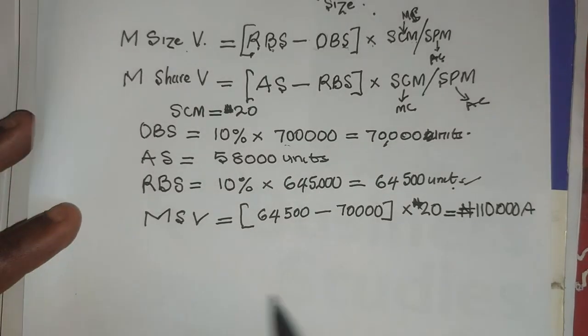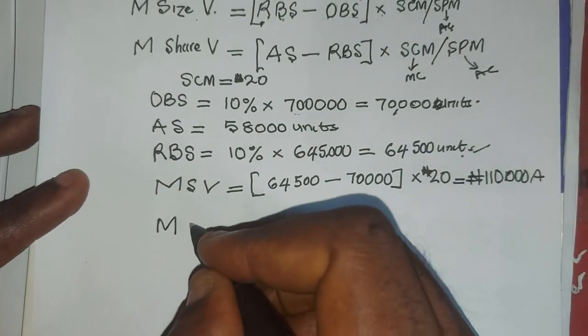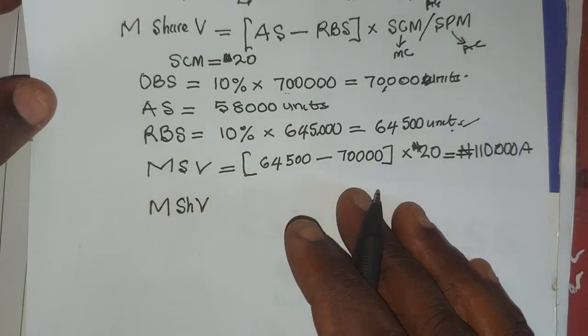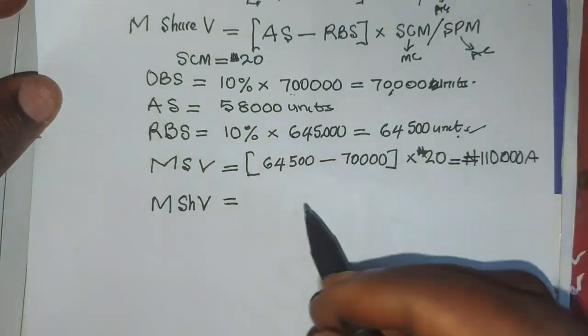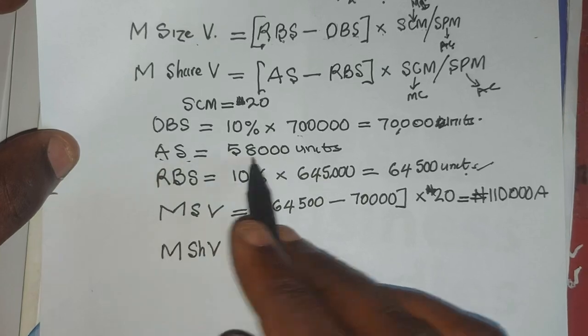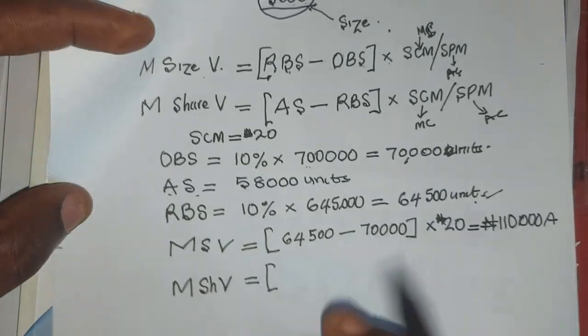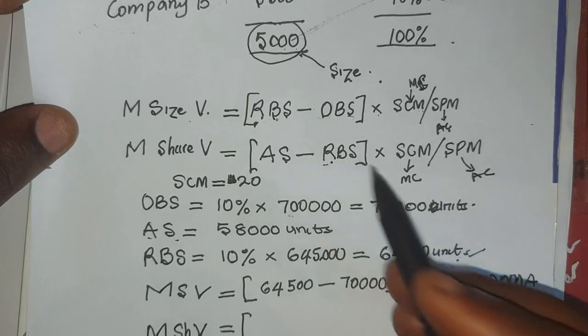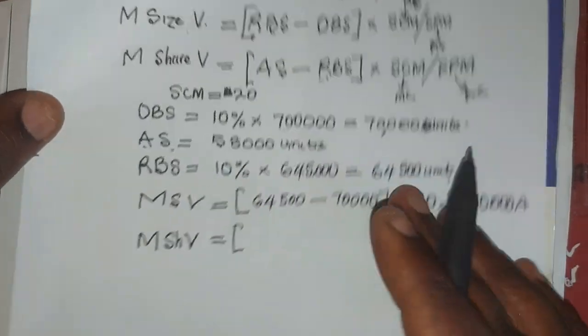Now market share variance. What is market share variance? It is actual sales minus revised budgeted sales times standard contribution margin.